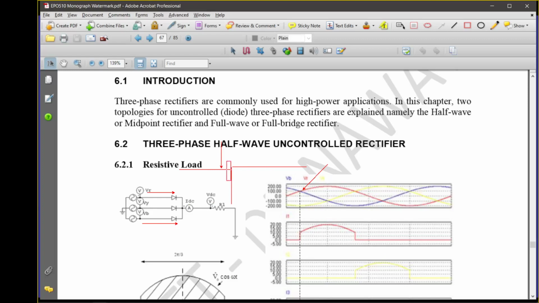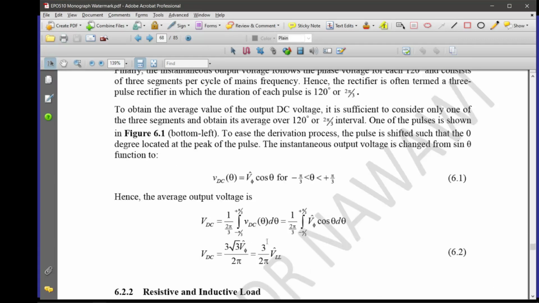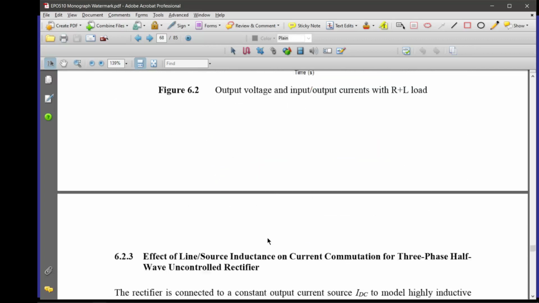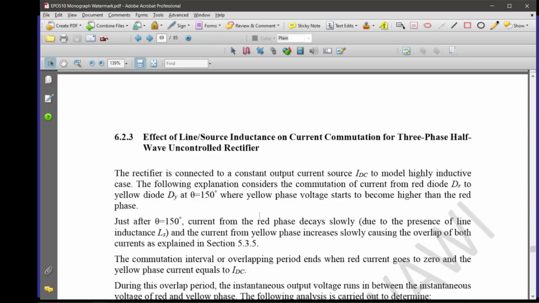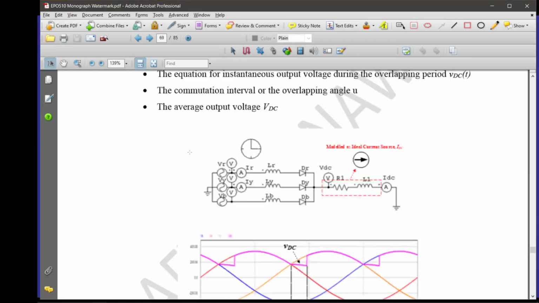So that happens instantaneously. But in the case where we have line and source inductance, okay, so we consider line source inductance here. Again, this line and source inductance comes from the cables and also the winding of the transformer, isn't it?